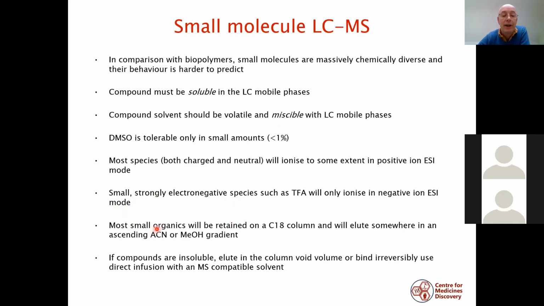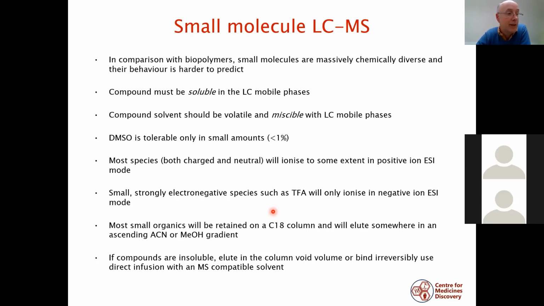Most small organics will be retained on a C18 column. C18 is pretty much standard for small molecule HPLC, and most organic compounds will be retained on that column and elute somewhere in an ascending gradient of either acetonitrile or methanol.